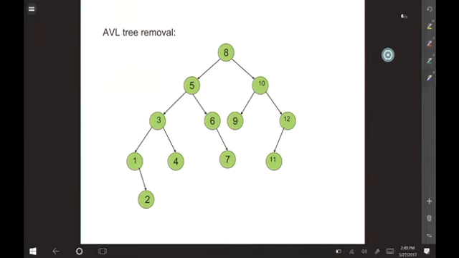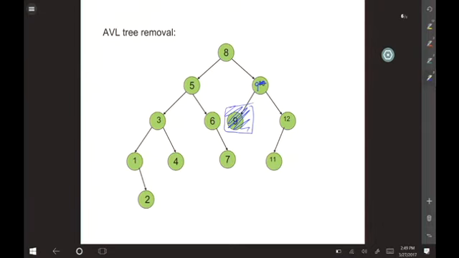All right. I want to remove 10. The first thing we do in a binary search tree to remove is we take the in-order predecessor and swap it up. So there's 9, and all of this is now gone. Not only that, it's out of balance, right?